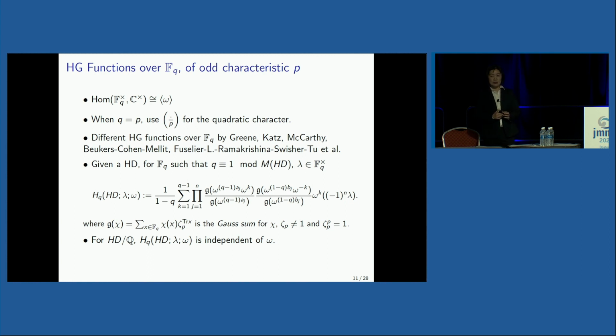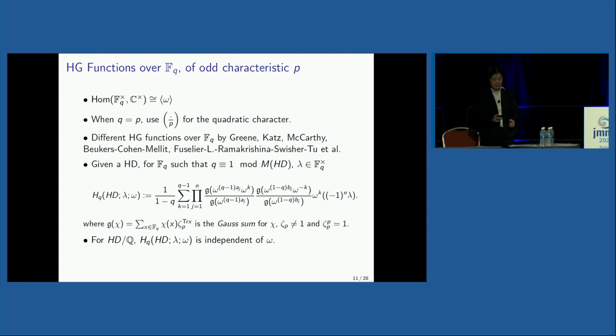And in particular, if the hypergeometric datum is primitive and defined over Q, the answer is going to be independent of which generator omega you pick, because the value is a rational number. In that situation, we drop the reference to omega. And another cool thing about when the datum is defined over Q is that there is no more condition on q being 1 modulo the level. So that condition can be greatly relaxed.